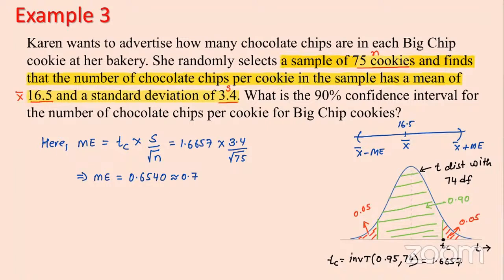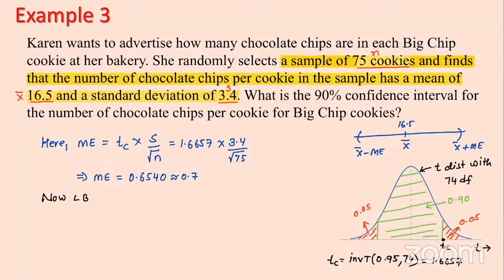We are rounding this to 1 decimal place because you know that margin of error, we are going to add and subtract to the point estimate, right? And the point estimate is given to 1 decimal place. So we also want to do that calculation to 1 decimal place here. Okay, so let's find the lower boundary now. Lower boundary for confidence interval.